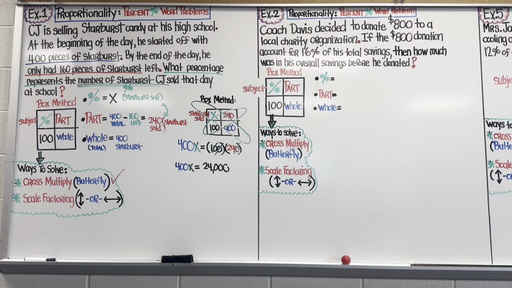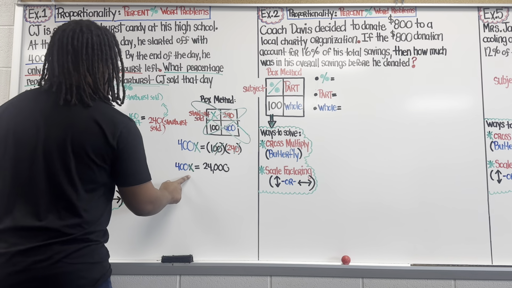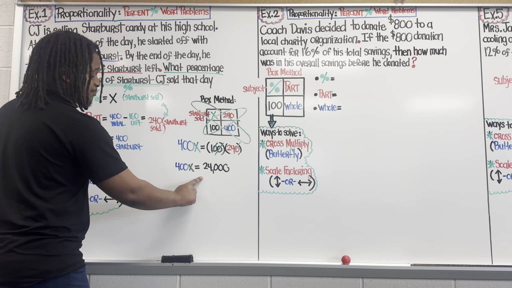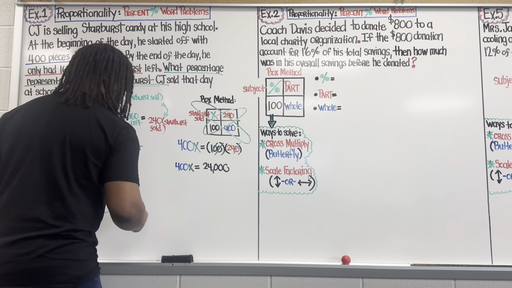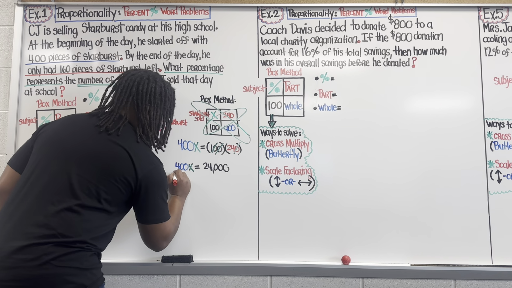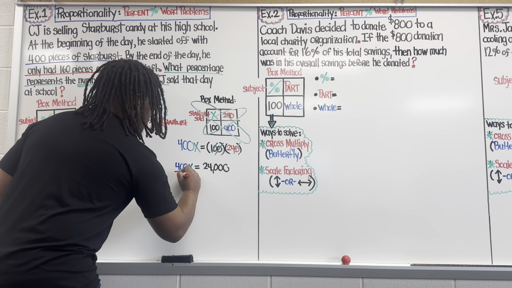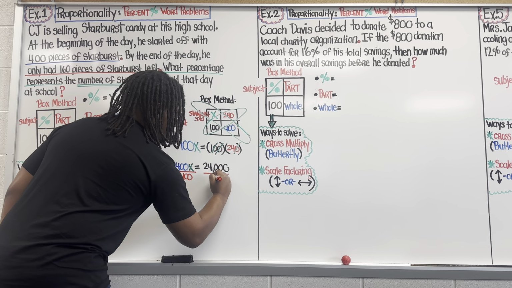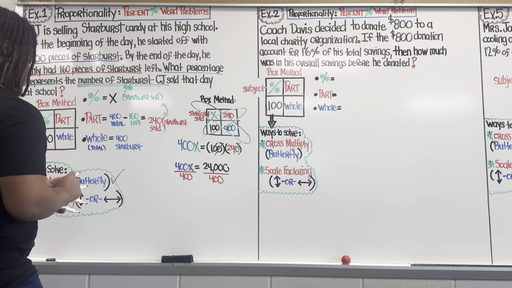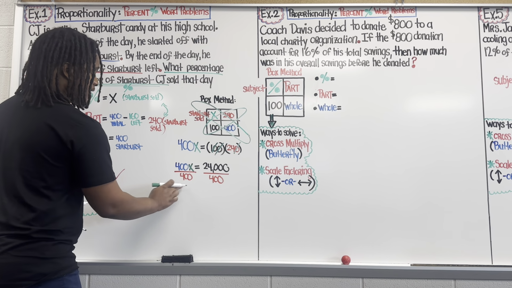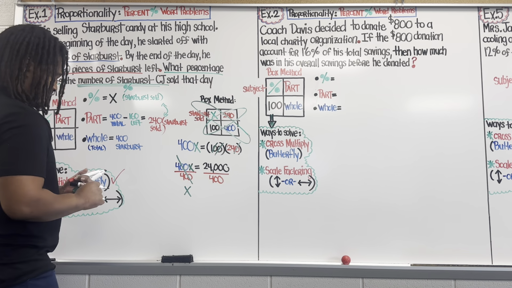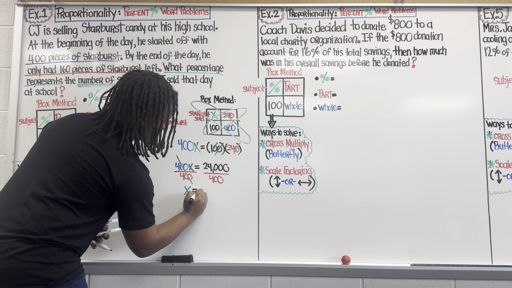Now, in order for us to find the true value of x, guys, we have to detach x from 400. And the opposite of multiplying is dividing, right? So I'm going to divide both sides by the value that's attached to x, which is 400. Okay? So 400x divided by 400 is just 1x. And then on this side, guys, I'm going to do the same thing.